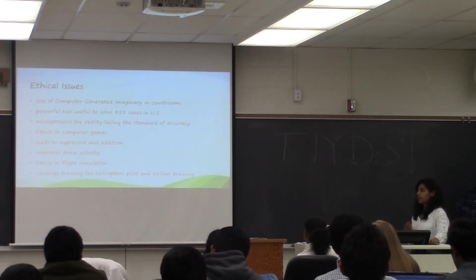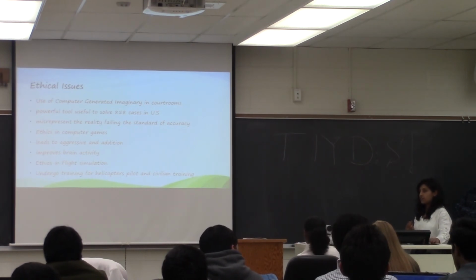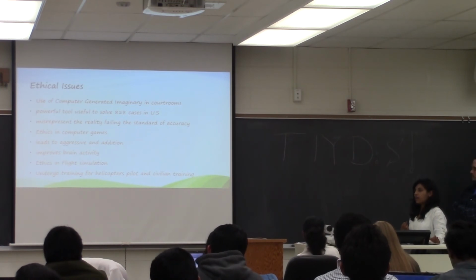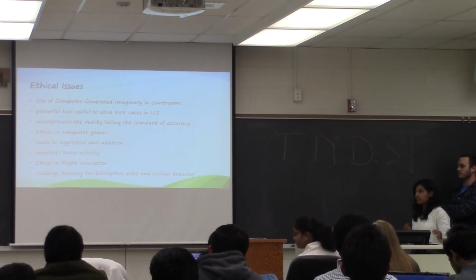But it can be very helpful for judges to have a clear representation of the evidence. And CGI is very complex, and it may be confusing to judges when making a correct decision. It might be difficult for judges to decide on a misrepresentation of reality.